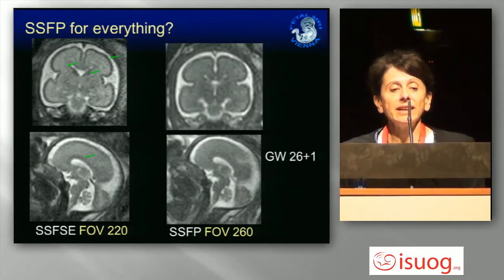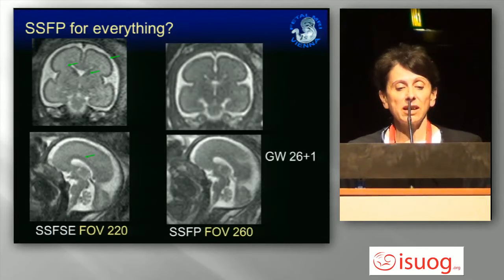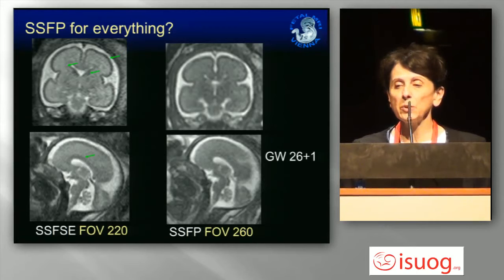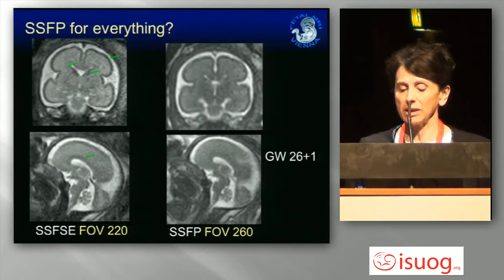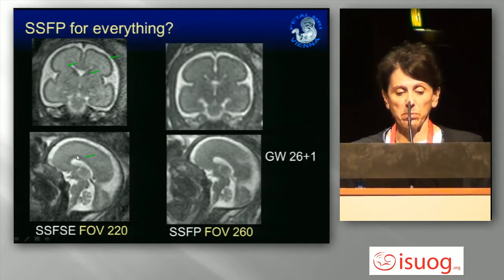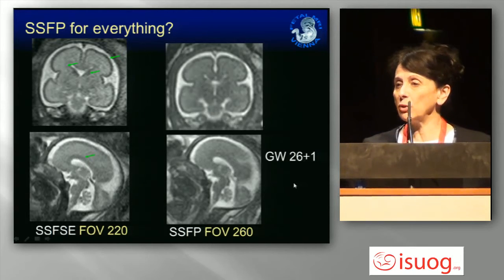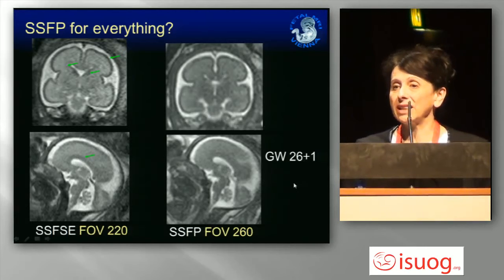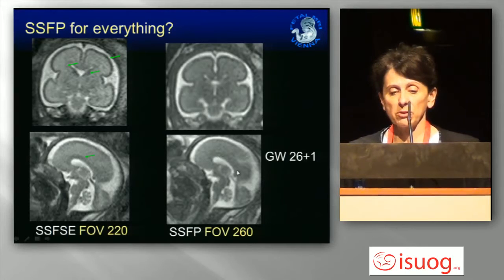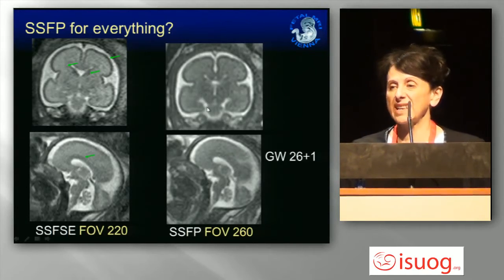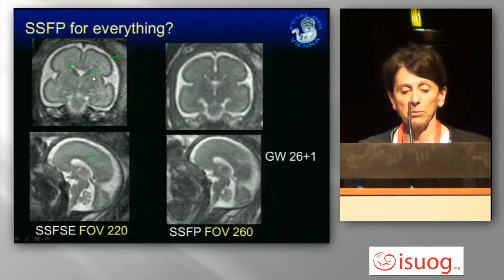I was asked some time ago, Daniela, how do you look at the corpus callosum at MRI? Well, I said, just by looking at it. But if you compare these 2 images, this one done with the wrong parameters, you might understand why it can be difficult to see the corpus callosum, and also why it can be difficult to see the germinal zones, and you will, using this sequence, perhaps miss any hemorrhage that is taking place there.